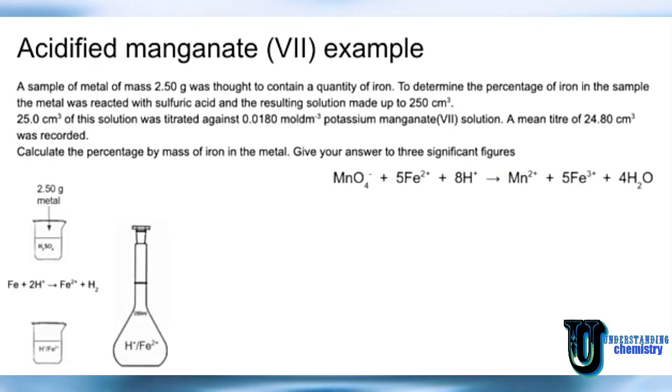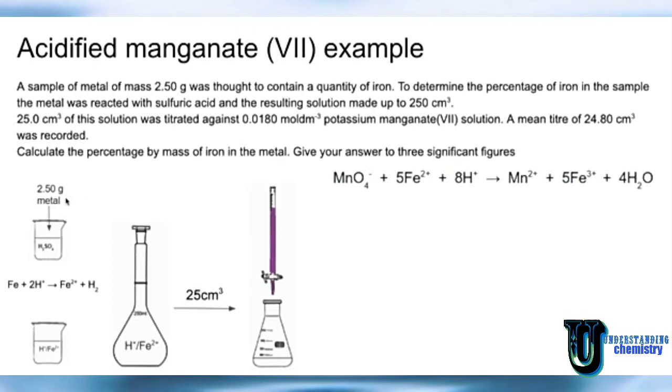Remember it's 250 cm³. So essentially the moles of Fe2+ in this beaker are the same as the moles in here, because we literally just poured the contents of that in there and filled it up with distilled water. And then 25 cm³ is taken out of this volumetric flask, put into your conical flask, and then the titration is carried out with that purple KMnO4.